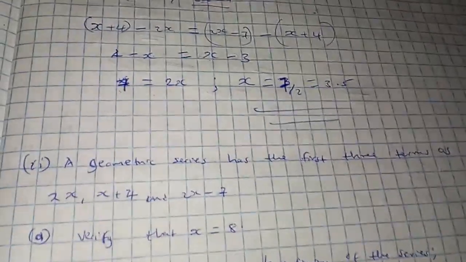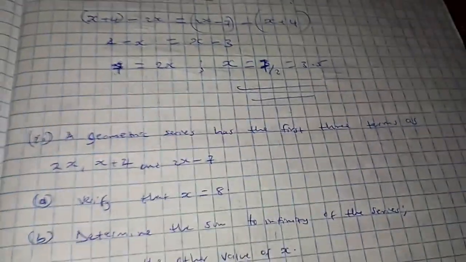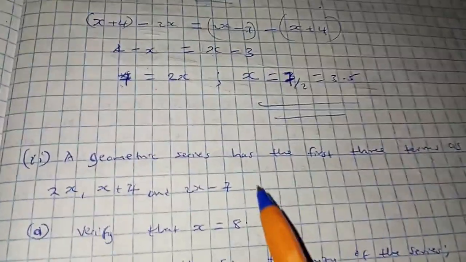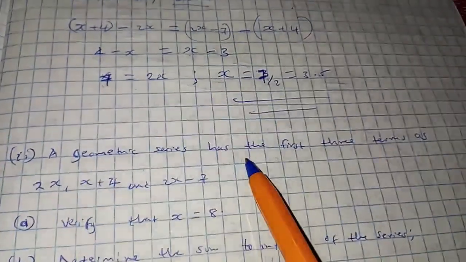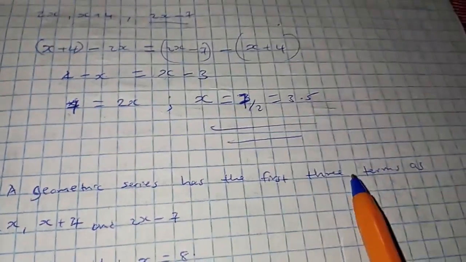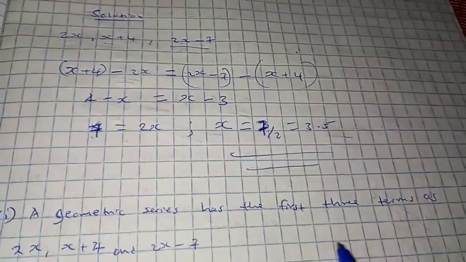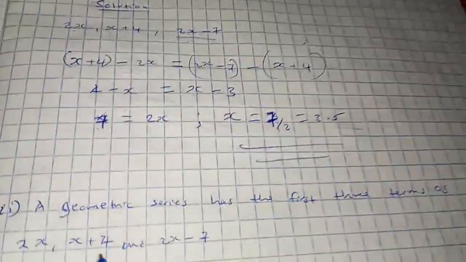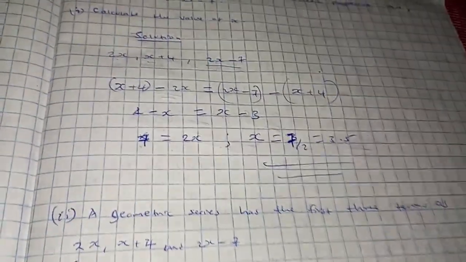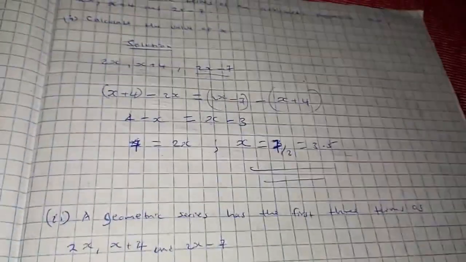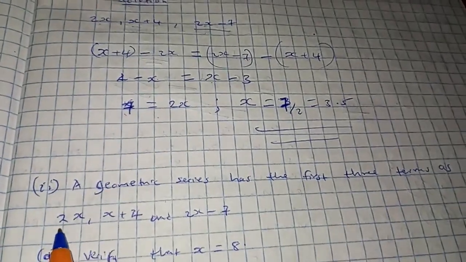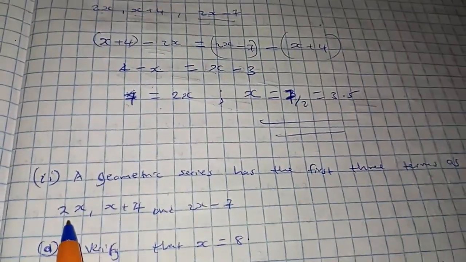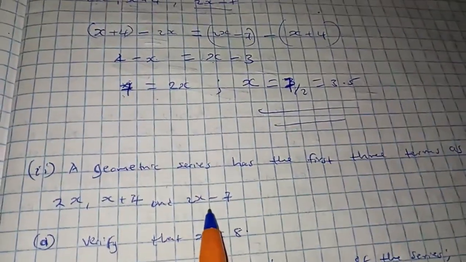Then an examiner can continue and give another problem, say that a geometric series has the first term, that is, this series now is taken to form the GP, whereby you are told the first term is 2x, second term and the third term.